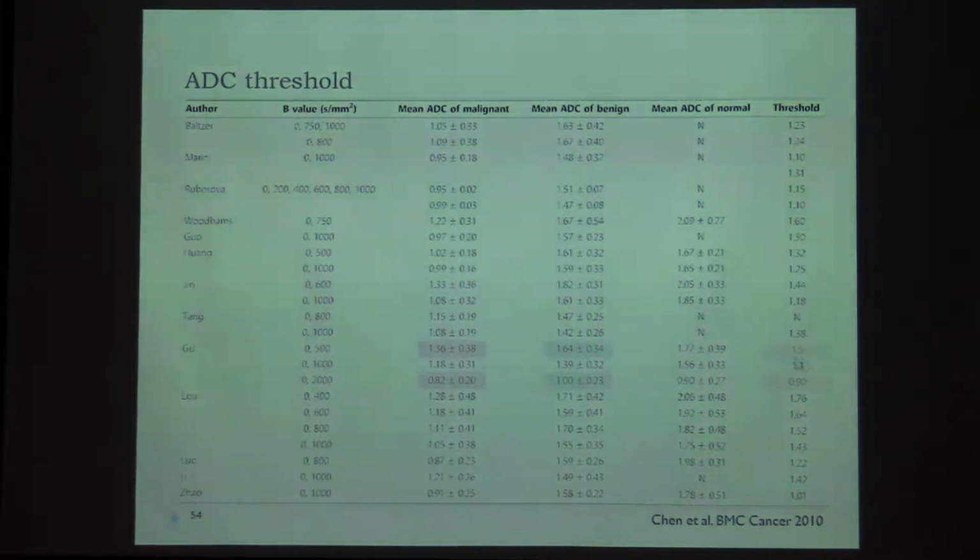That gives you a threshold at 1.5. There is perfusion signal, so there is an overestimation here of this ADC. If you take another example here, 0 and 2000, there is kurtosis, so there is an underestimation of your ADC. So this is why they found only 0.9. So here you can understand why there is this discrepancy, because they don't take into account perfusion signal and kurtosis, and this explains why you have this discrepancy.